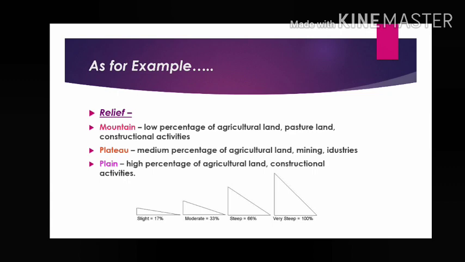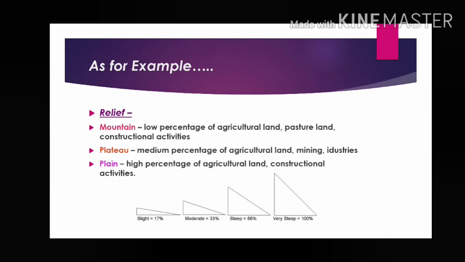That's why in plateau region, that means moderate steep or moderate slope area, here also agricultural activity or that type of activities are very difficult to do. That's why agricultural land is in medium percentage. Mining is there, because different types of minerals are found in plateau regions. That's why mining activities are there, and industries are also there.